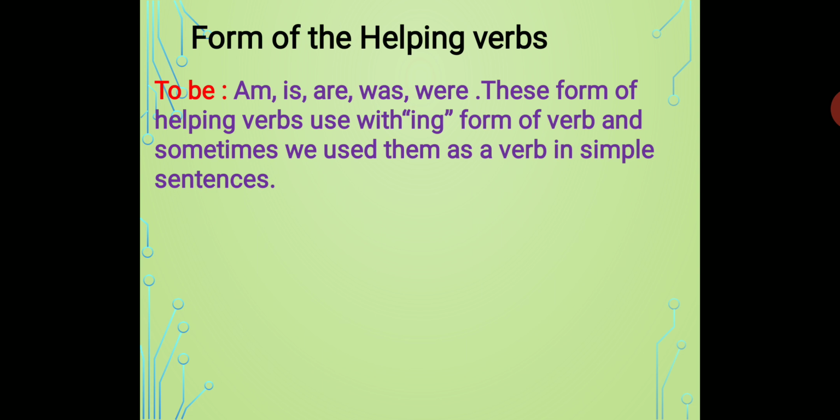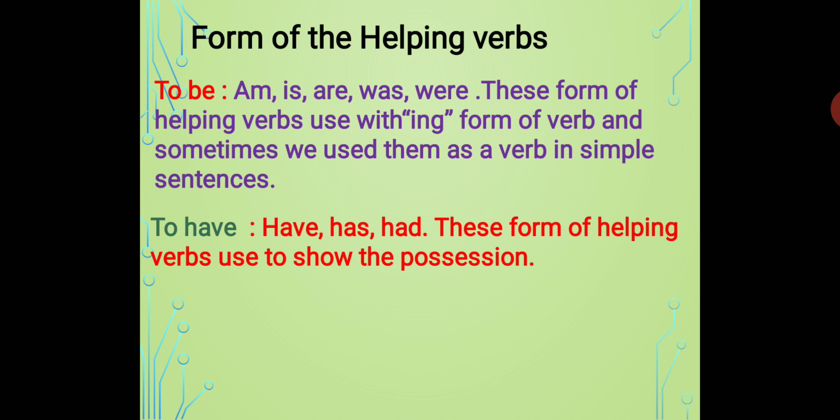And sometimes, as we learnt, if there is no verb in the sentence and helping verbs like am, is, are, was, were are in the sentence, then they represent the verb in the sentence. For example, I am a boy, I am a girl. So, no verb in the sentence, so am represents the verb in the sentence.